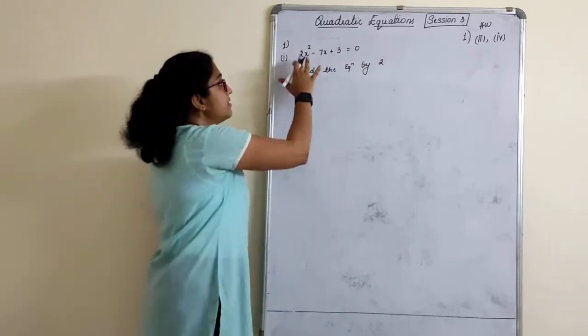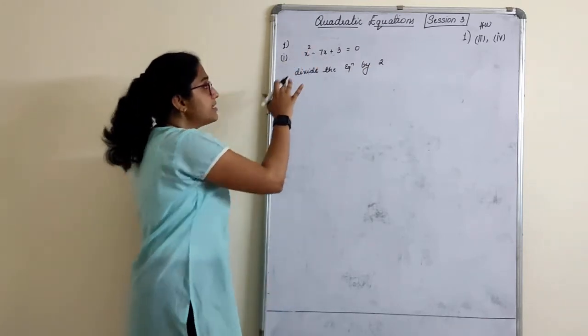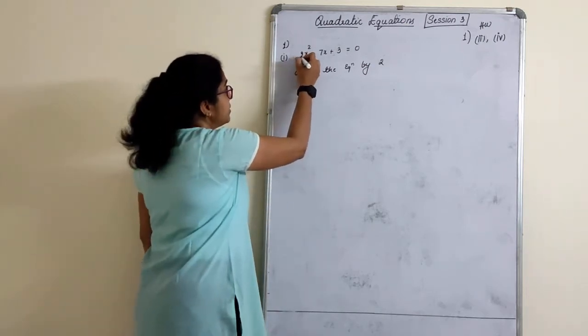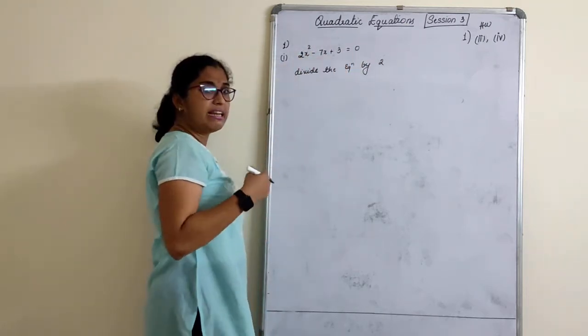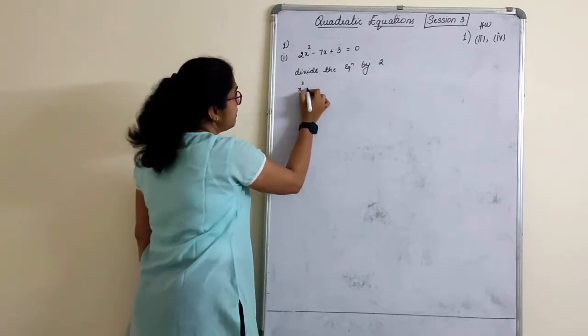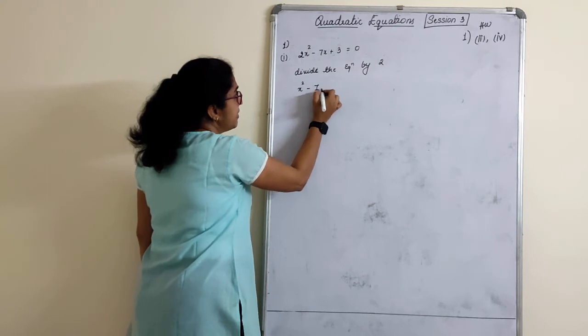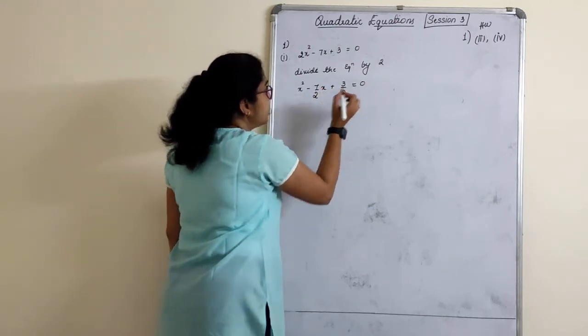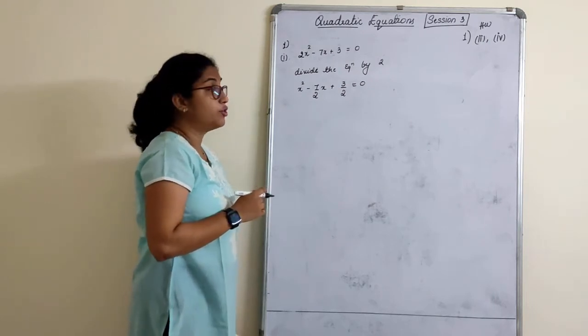If nothing is there, assume the question was like this, our first step is excluded. We need not divide by anything. But we have 2 here, so divide by 2. Any number, divide by that. So the equation will be x square minus 7 by 2x plus 3 by 2 is equal to 0. Now what we have to do?